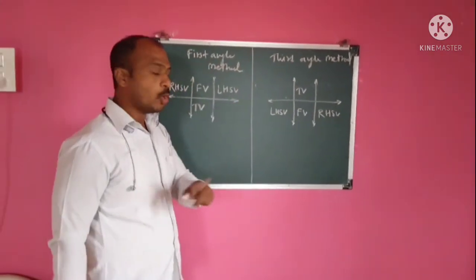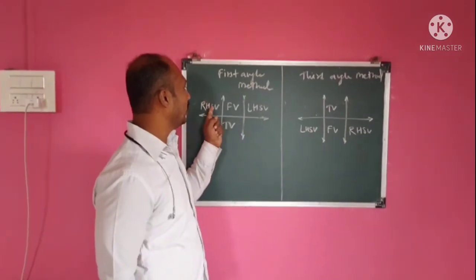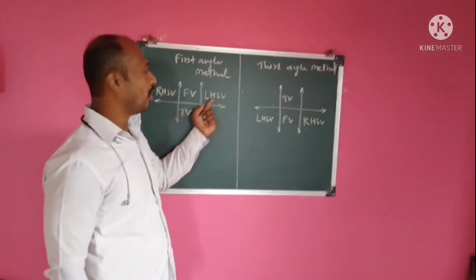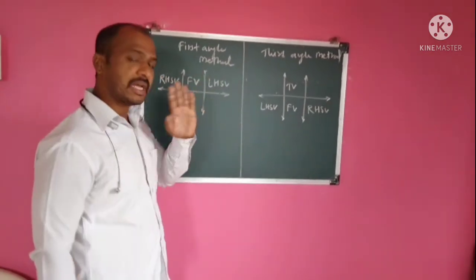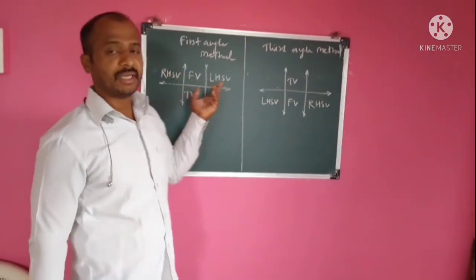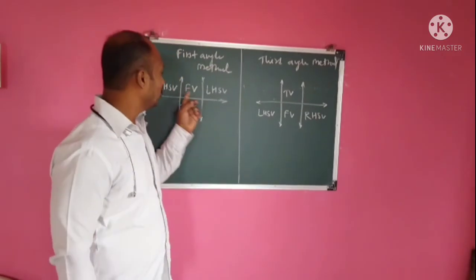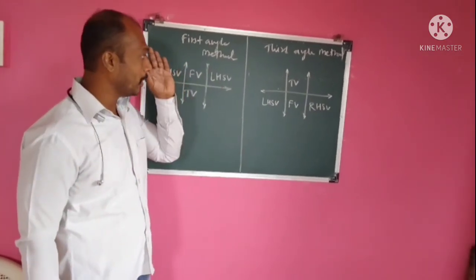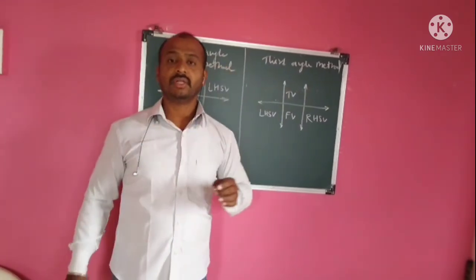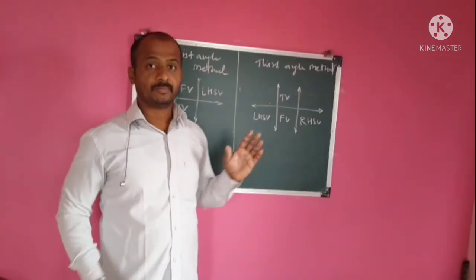In a problem only one side view is asked, either the right hand side view or the left hand side view. The front view and top view are always asked, but either the left hand side view or the right hand side view can be asked. Accordingly we draw it as per the position.